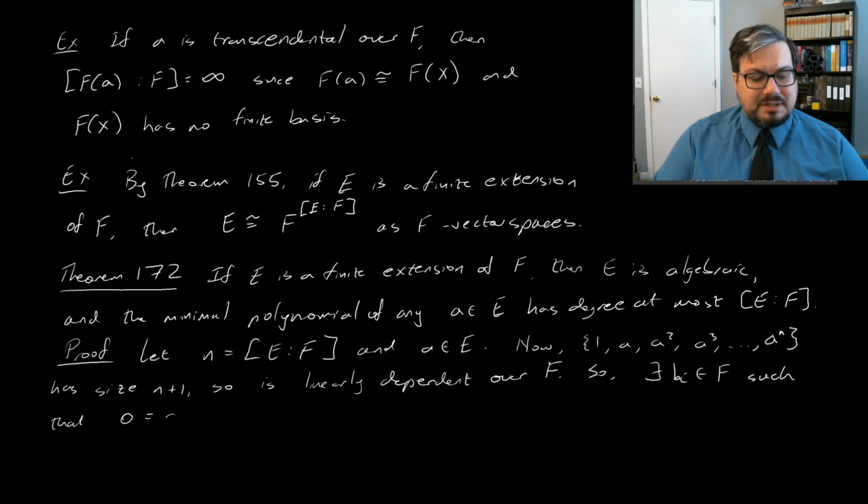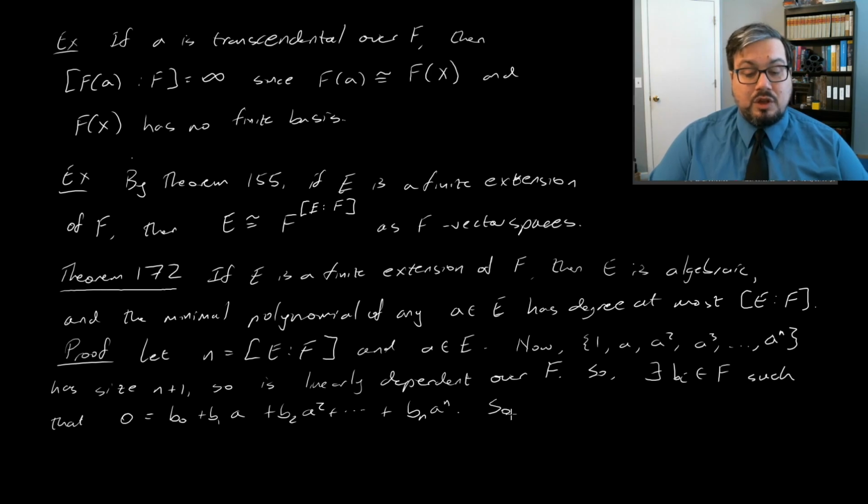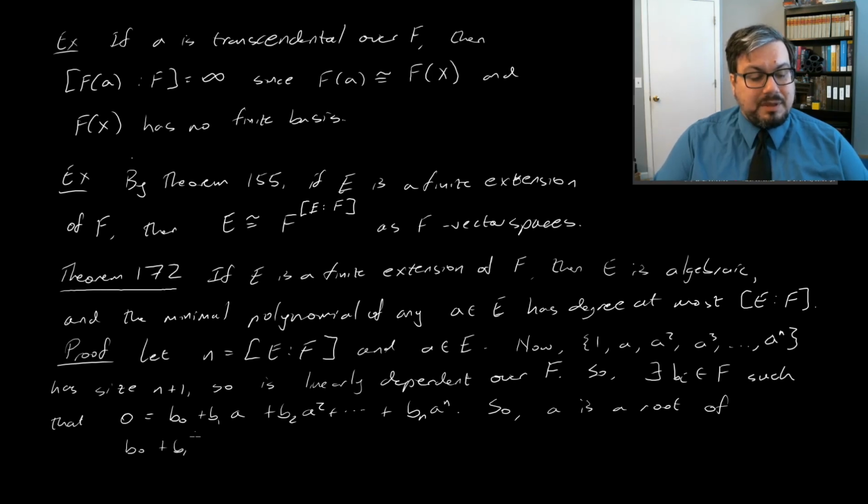Such that 0 is equal to b0 times 1 plus b1 a plus b2 a squared, etc., plus bn a to the n. So that means that a is a root of the polynomial b0 plus b1 x plus b2 x squared plus etc., plus bn x to the n.